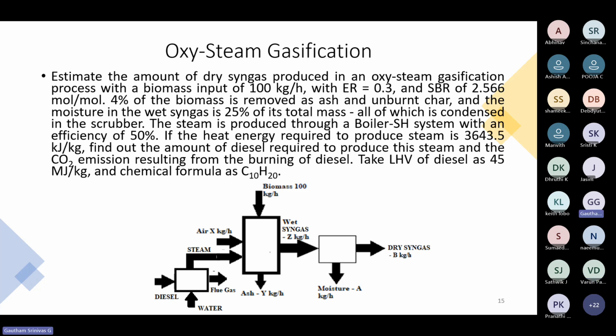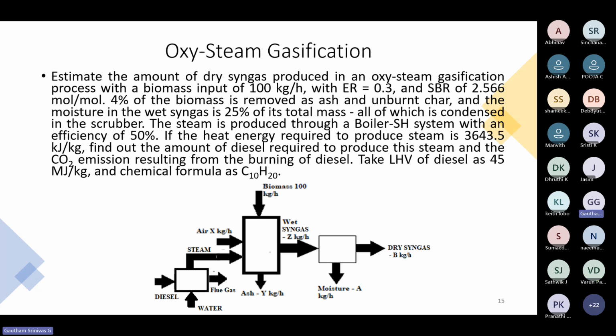I have given you the moisture content in the wet syngas, 25%, so you can calculate how much moisture is going out. So Z minus A will give you the dry syngas B. That is one part of the question: 254.8 kg of dry syngas.